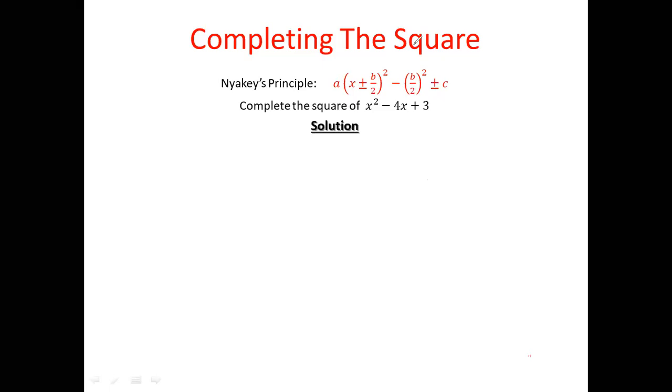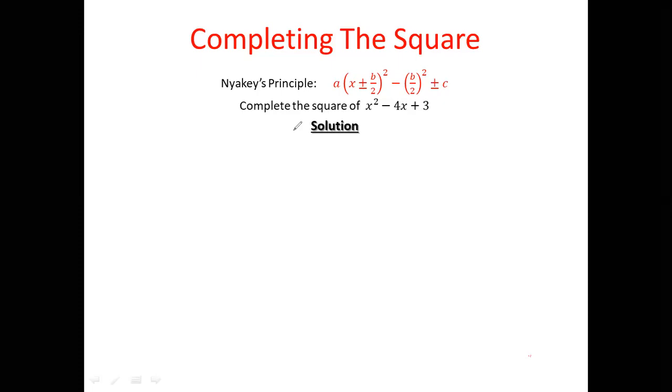Now, this is simple. Look at the NYAKEY'S principle. All we have to do is to make sure that when you are completing the square, the value of a in the expression must be positive 1. So, x squared minus 4x plus 3. The a value is 1. So we can complete the square easily.